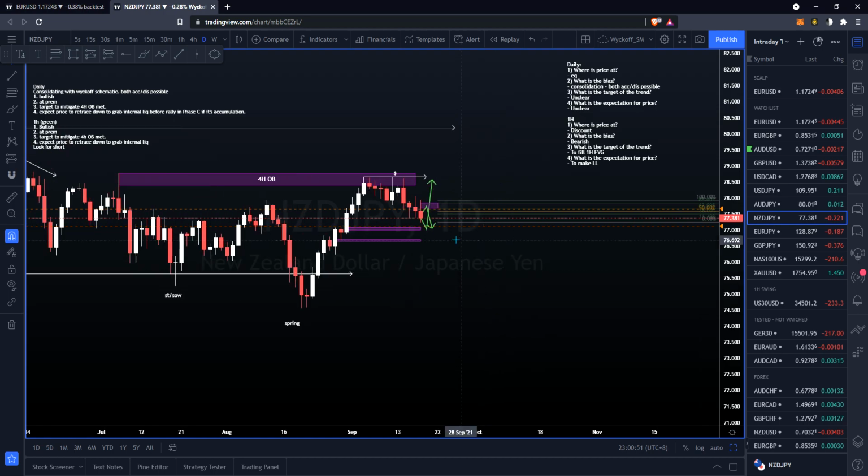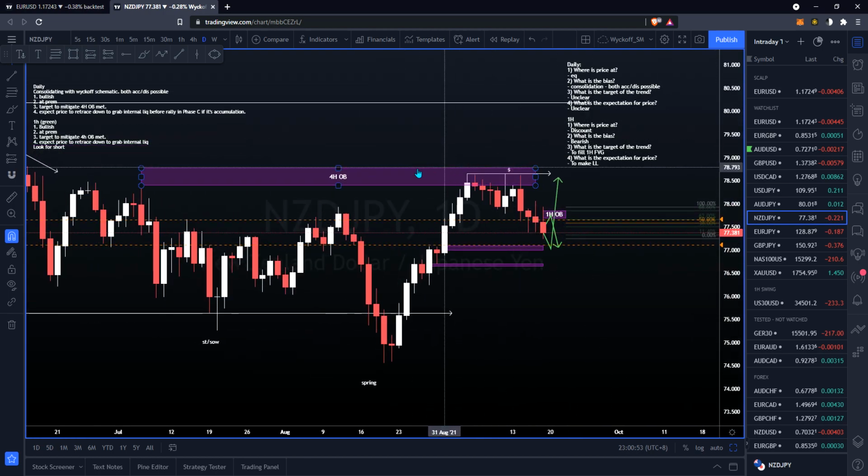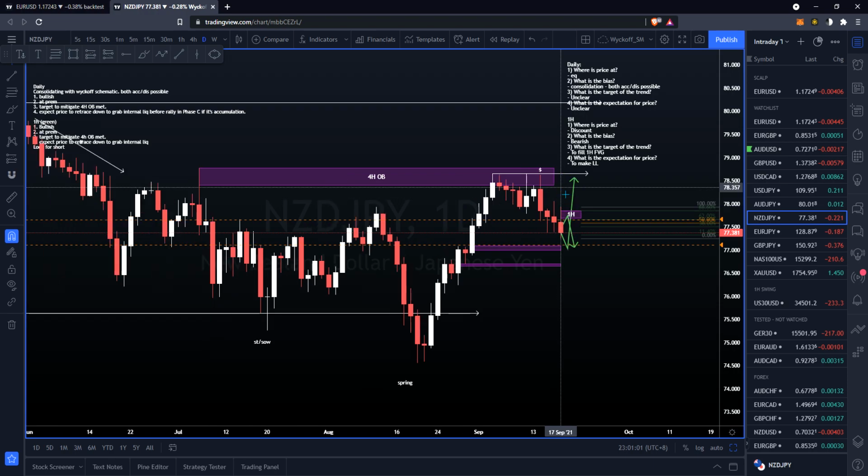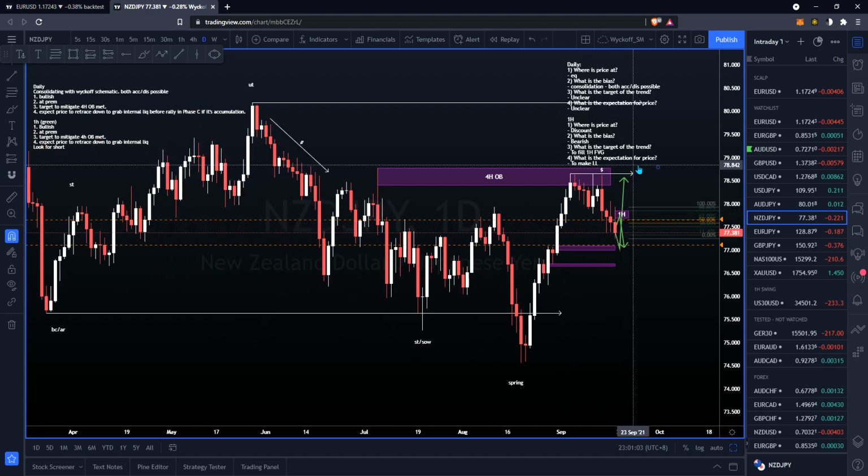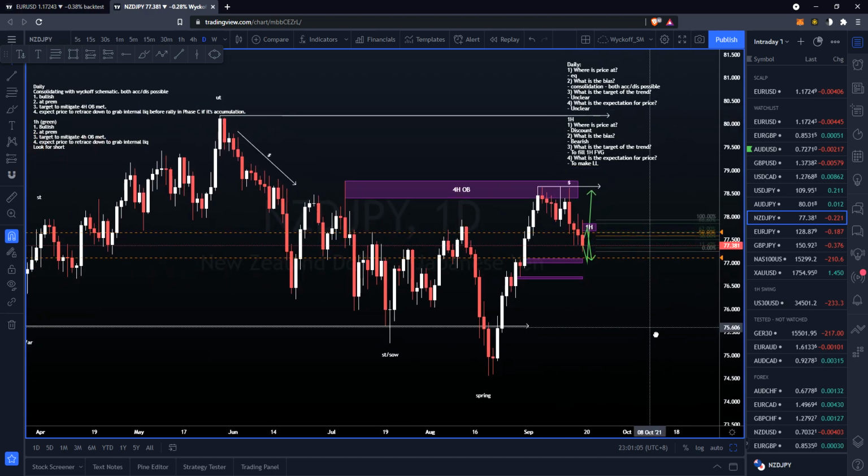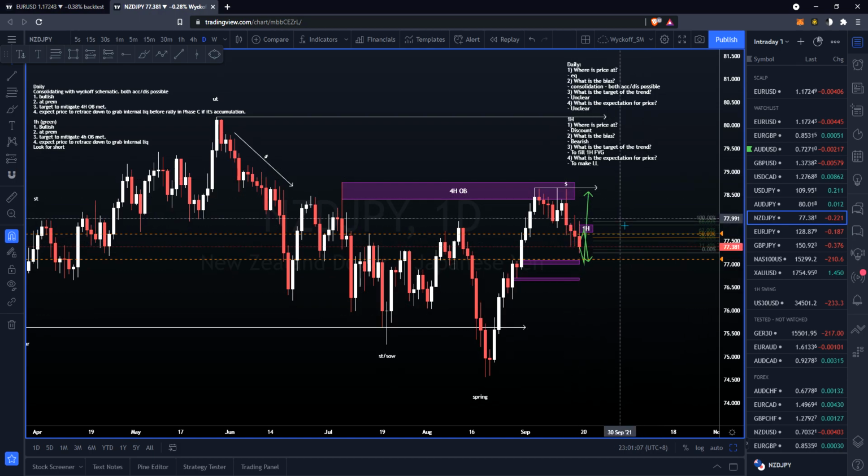And right over here we have equal lows, equal highs. So I'm expecting price to actually rally. So it's kind of a mixed bias between longs and shorts for the yen pairs.